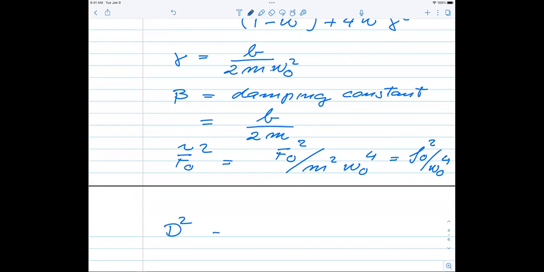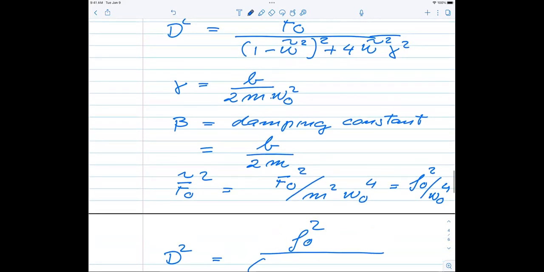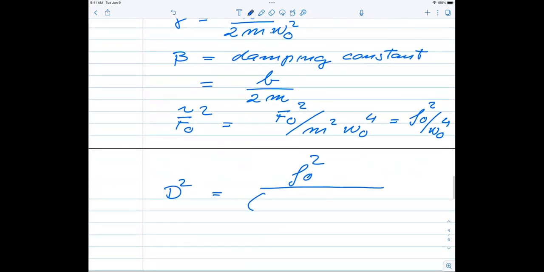When I plug that in, I can rewrite my D as an F squared, which now depends only on the amplitude of the external force divided by the mass of the object we are looking at. And I just remind you that this omega tilde is the same as the original frequency divided by the natural frequency.